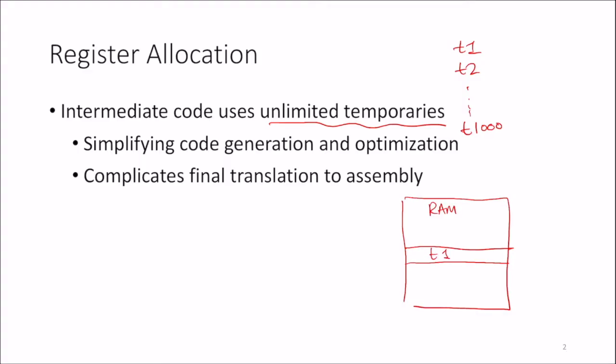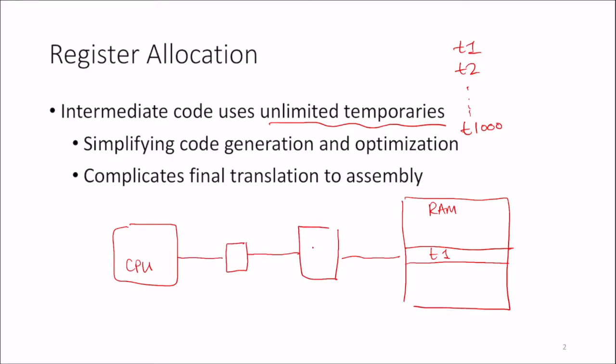And then when the CPU, which is way over here, wants to use it, it's going to grab this. It's going to go through. Typically, there are some intermediate steps along the way, like an L2 cache and an L1 cache.